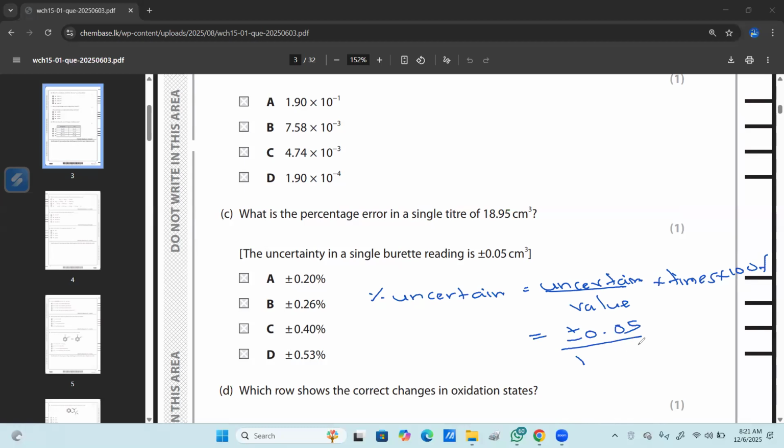Value is 18.95. We use the burette twice to take the initial and the final reading, and into 100. So you get the answer as 0.05 divided by 18.95, 5.27, which is closer to plus or minus 0.53.